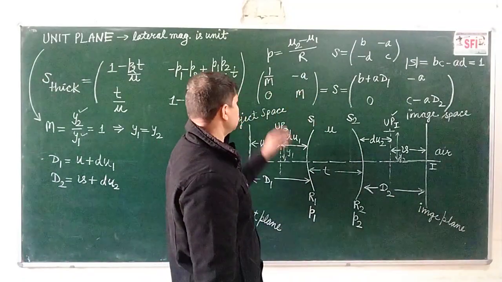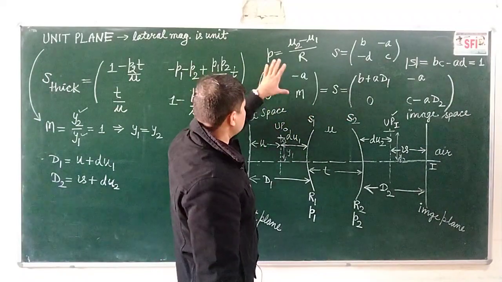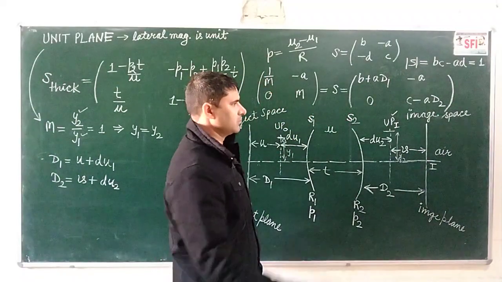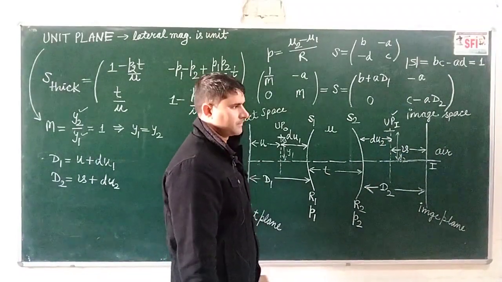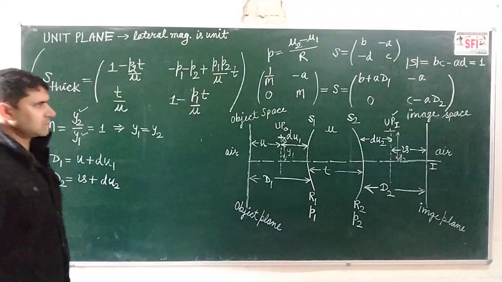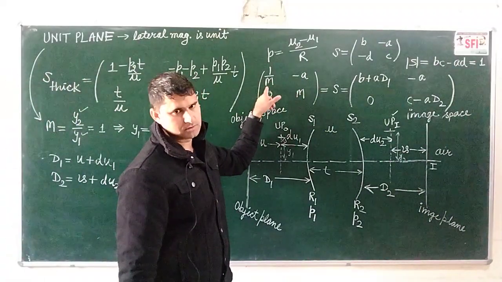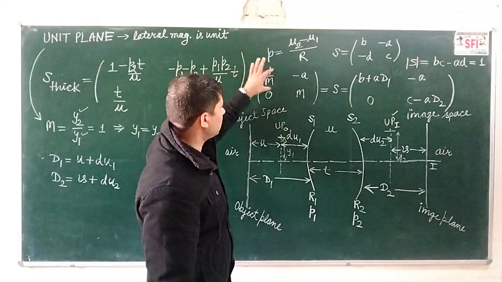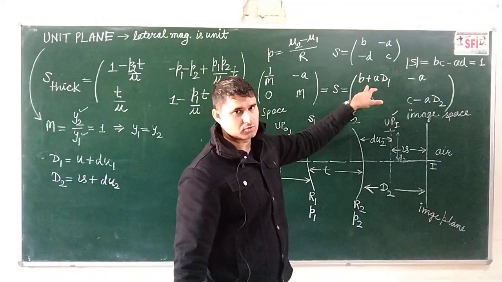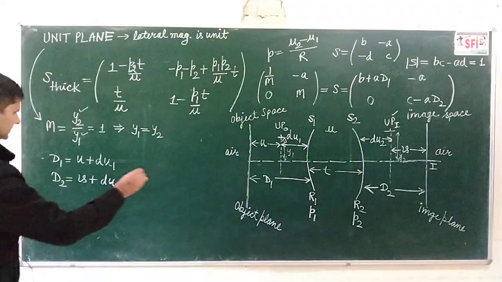So if these two matrices are equal, then their corresponding elements will have to be equal. So class, comparing the elements, you can find the value of magnification from here, okay. Now 1 by m will be equal to this 1 cross 1 element. So I am writing these things here.